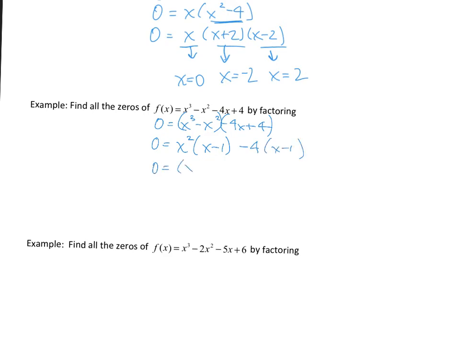As I continue, I factor out an x minus 1 from both of those. And then I notice this is a difference of squares, so that keeps factoring. And again, 3 factors is going to give me 3 zeros.